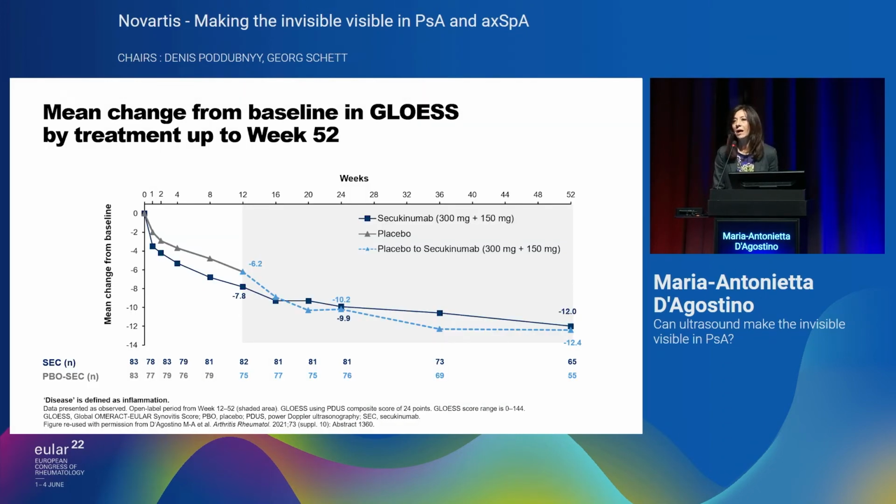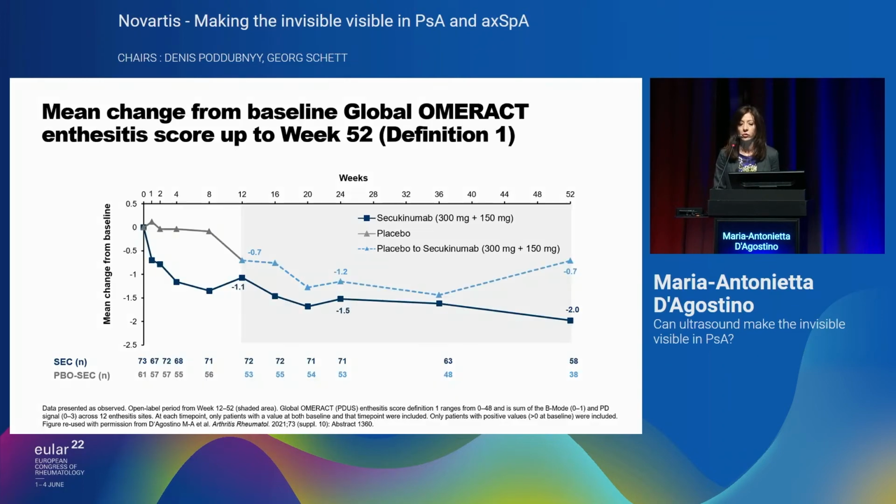If you look at the second part of the study, when the placebo was switched to secukinumab, we can see how ultrasound shows the response very nicely also in the placebo group, and we can follow these patients over time with ultrasound, showing that the disease was controlled.